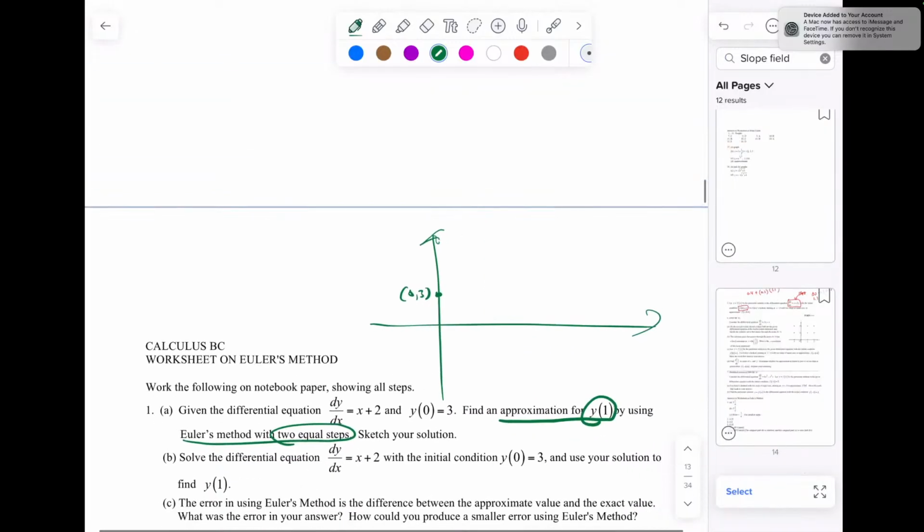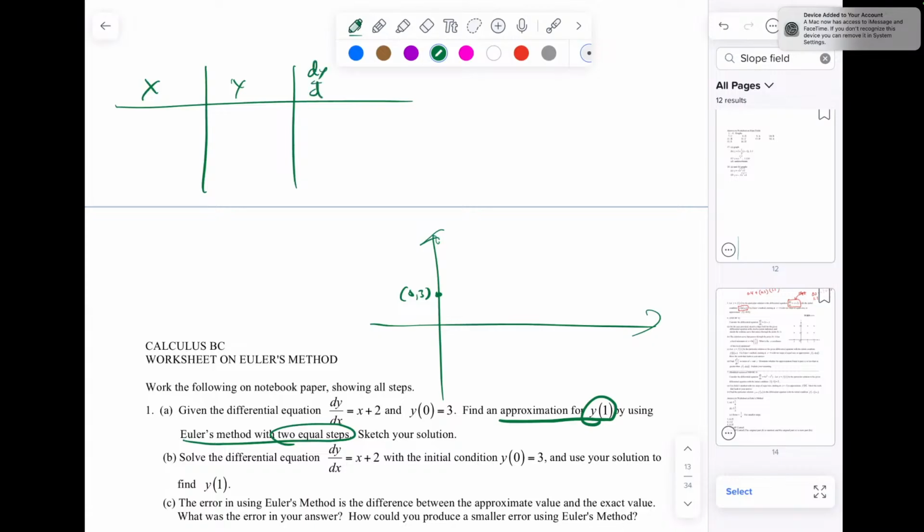And the way I establish it to make it easier, I mean, there's a formula, and the formula is the same idea, but I think it's actually just understanding that there's an x, there's a y, and there's a dy/dx. Now the first point is at (0, 3). Is that okay? But then the dy/dx is equal to 2, because if I plug in 0 for x, that's equal to 2. Is that okay?